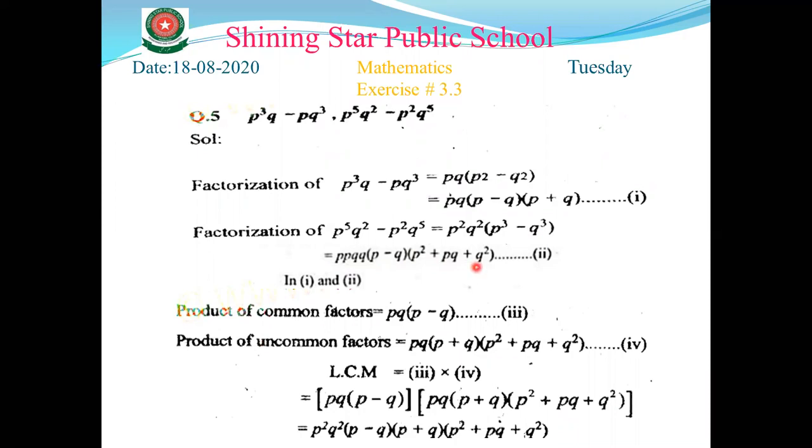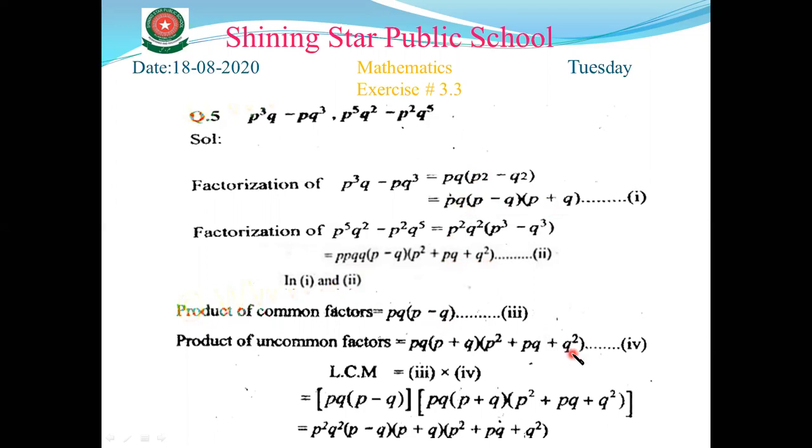Now, at this stage, we find the equation number 1 and we also find the equation number 2. So now, in equation number 1 and equation number 2, we will check the common factors and we find common factors are pq, p minus q. The uncommon factors, from the first term, we will get p plus q, and from the second term, we get pq, p square plus qp plus q square.